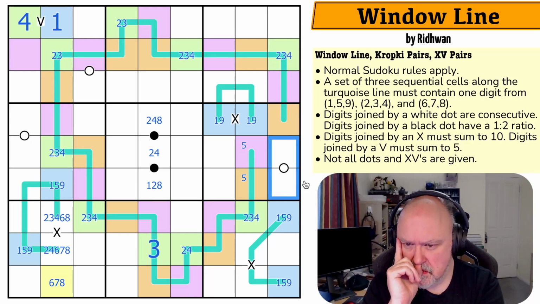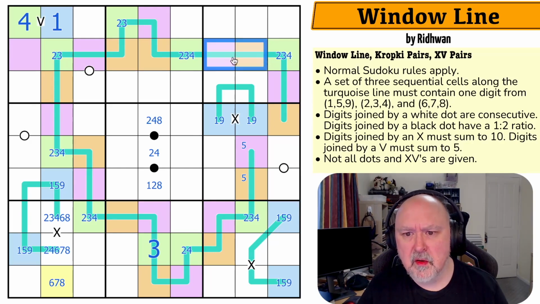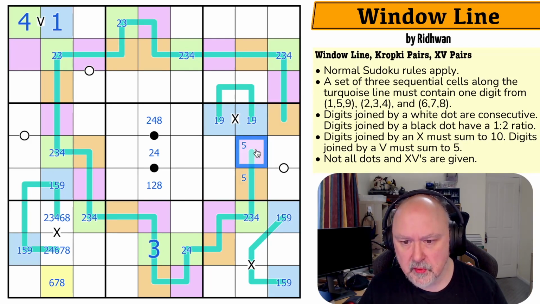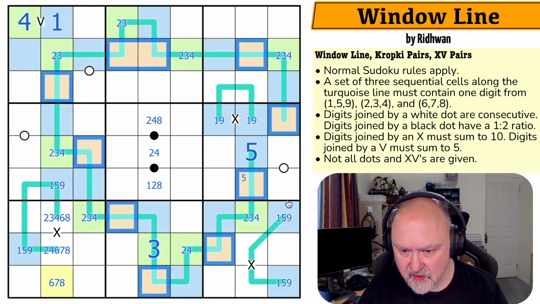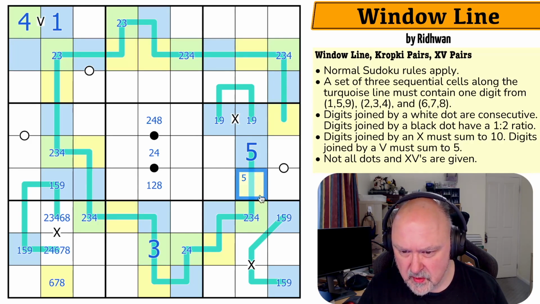Oh, it's simple. It's right here. Orange or purple have to be blue. If this was a 5, what's this? If this was a 5, this would have to be 1, 5, or 9, and it can't be. Purple is blue. This is a 5, and purple is blue, and orange is yellow.